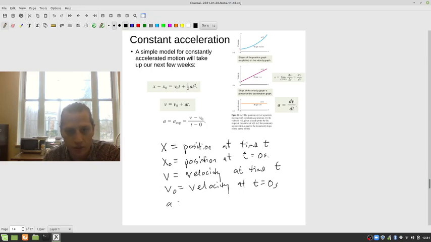And then our acceleration is constant in time. Okay, so it's not changing.